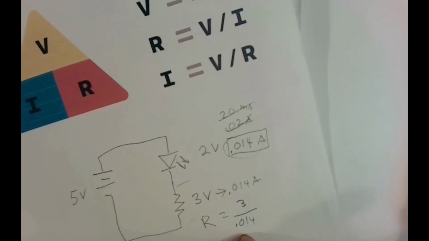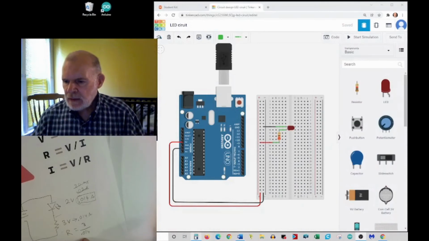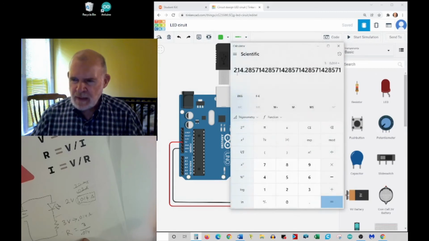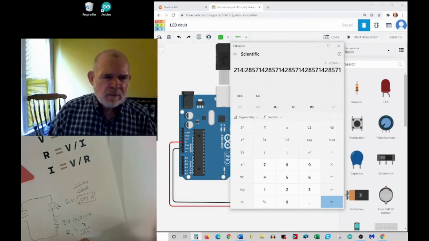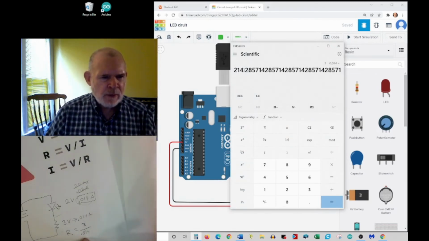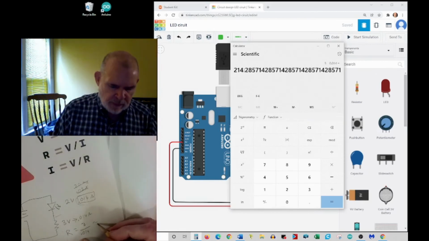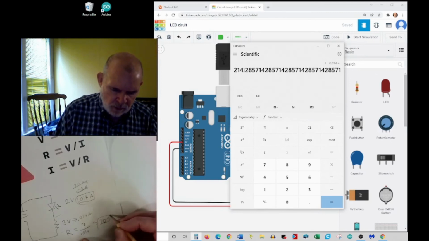And let's bring up our calculator again. So if I have 3 volts divided by 0.014 amps, it says, okay, how about a 214 ohm resistor? Well, I have some that are 220 in my kit, so why don't I use those? So that'll be approximately 200, actually, 220 ohms.